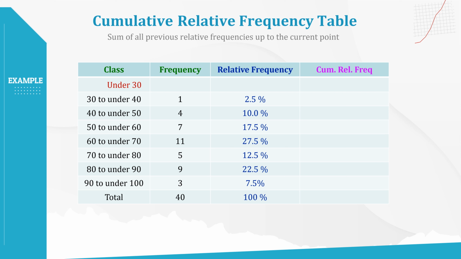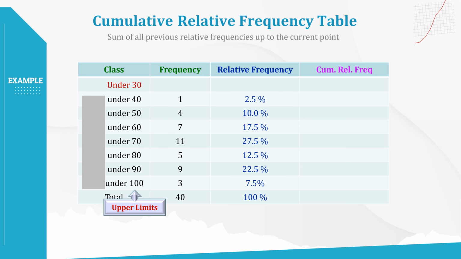On an ogive, cumulative frequencies are plotted against class upper limit, so ignore the lower limit values. Fill in 0 frequency and 0% for the under 30 row. Then we carry the first entry 0%, as there is no one who has an exam score of under 30 points. Please note that an ogive must start with 0%.